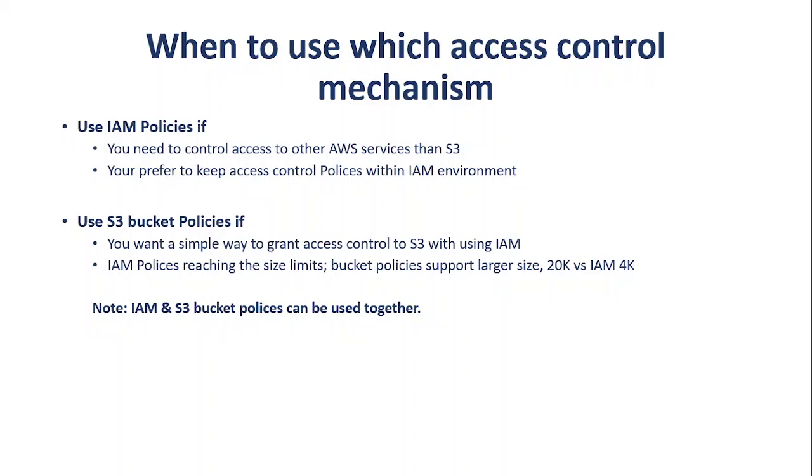I've seen this in my organization too. Sometimes we have so many policies that we hit the limit. So in those situations, if you have to give permission to a user for a bucket, we can use bucket policies because they support a larger size compared to the IAM policy JSON document. And it's not necessarily that you have to pick IAM policy for some use cases and S3 for others, you can use them together too, depending on how you want to use them.